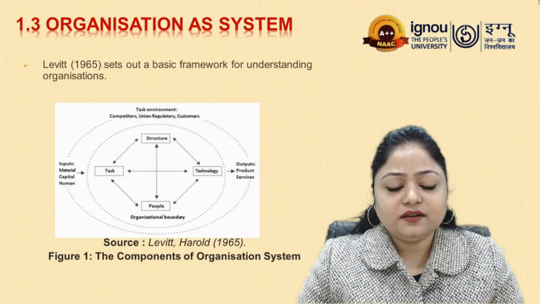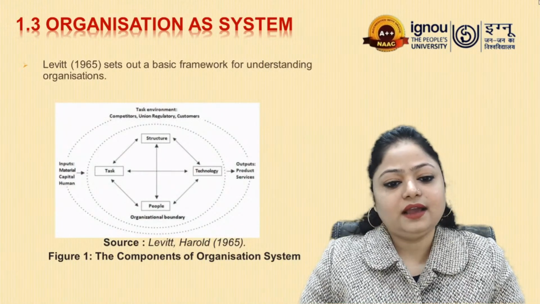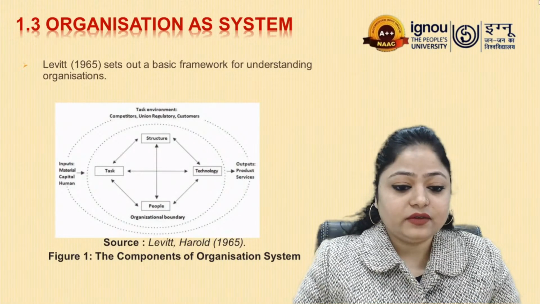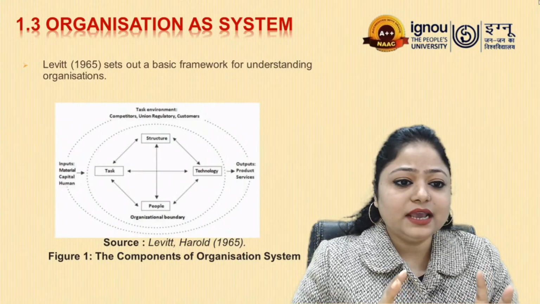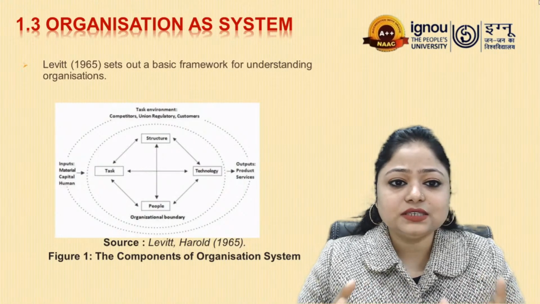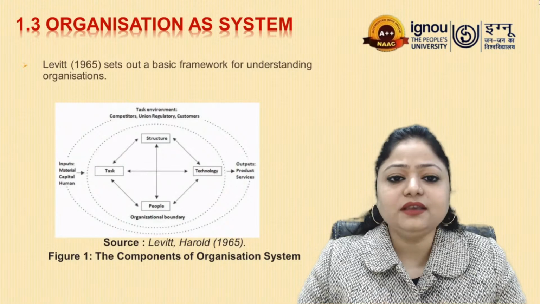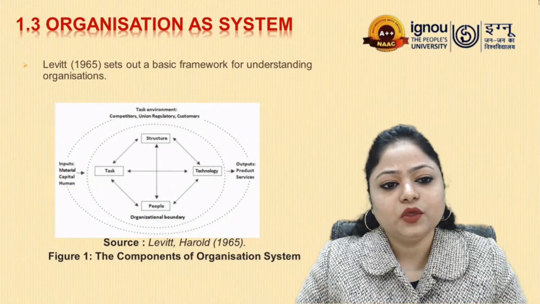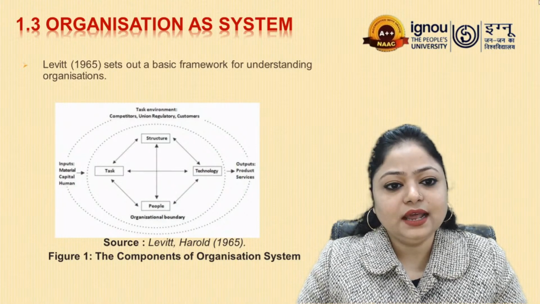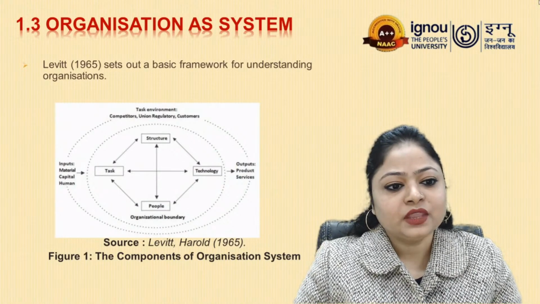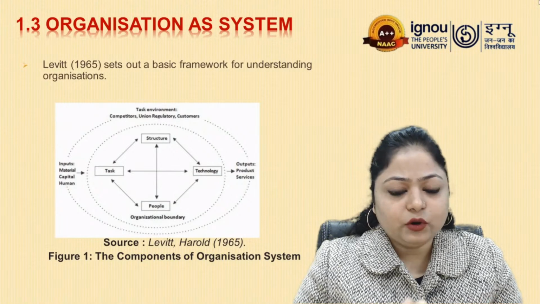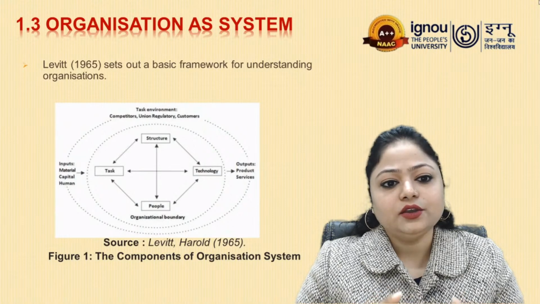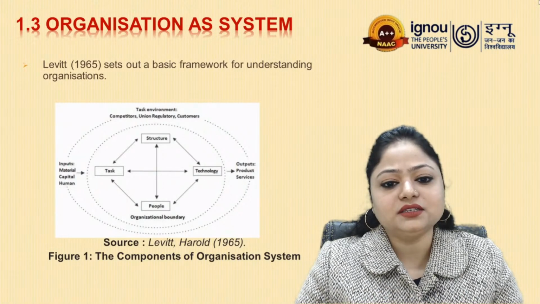Then here is a diagram given by Levitt and Herald in the year 1965, and Levitt has given various subparts or components, a basic framework to understand how an organization can be seen as a system. So in the diagram we can see that on the outer layer there is the task environment, which includes competitors, unions, regulators, customers.